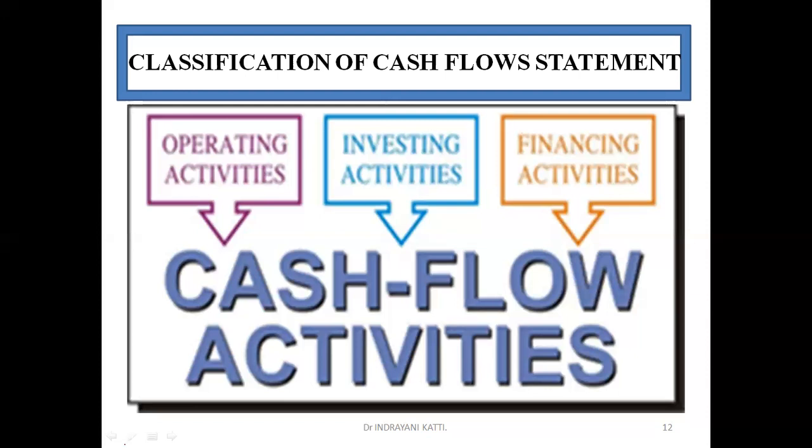What is cash from operating activities? As you have learned, what do we mean by cash flow from operating activities? These are the different core business activities due to which the company receives cash, as well as has to make payments of cash. That is, for the purchase of raw material, it has to make the payment.